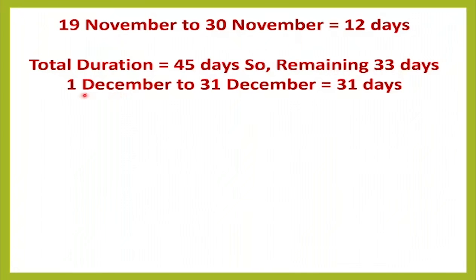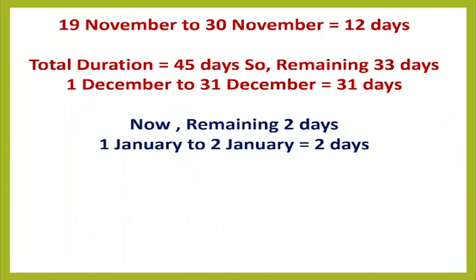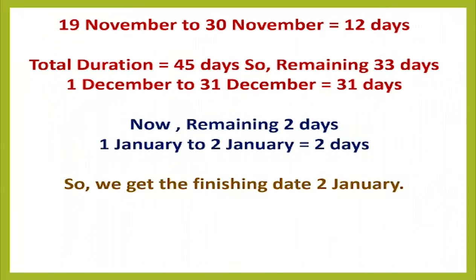From 1 December to 31 December, we will have 31 days in the month of December. So in total we have 43 days. Again, 2 days remain, since the duration is 45 days.